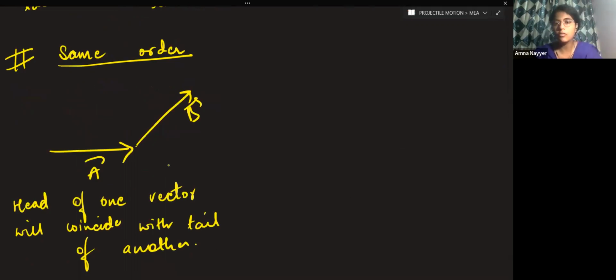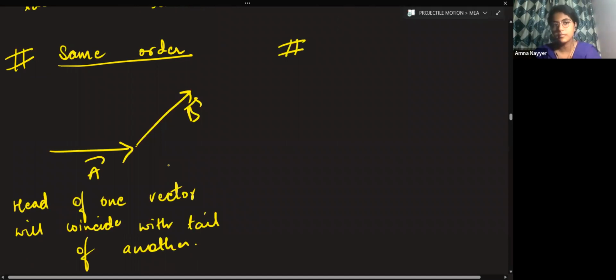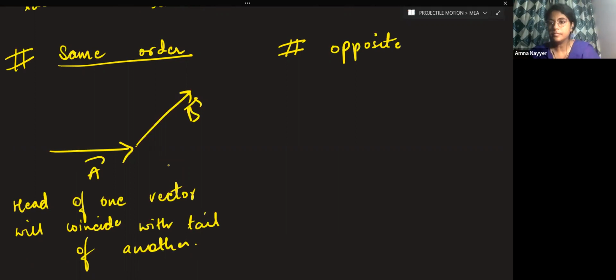Then you have opposite order. Opposite order means just the reverse: head and head are coinciding. Not tail and tail, because if tail and tail coincide, then it becomes co-initial vectors, which is the prerequisite for parallelogram.